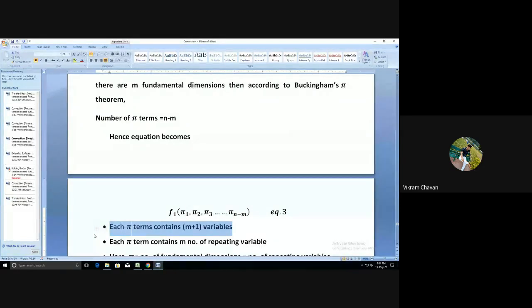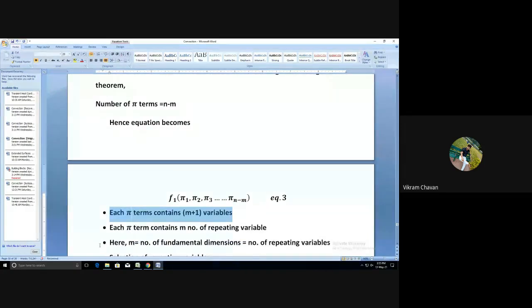यानी कि इसका मतलब क्या हो रहा है, जितने फंडामेंटल डायमेंशंस है उतने ही रिपीटिंग वेरिएबल्स, ओके, उसमें एक ऐड करके उतने नंबर ऑफ वेरिएबल्स एक पाई टर्म में रहेंगे. ओके, एक पाई टर्म में उतने वेरिएबल रहेंगे m+1, where m is the number of fundamental dimension. Now out of that m+1 variables, pi terms contain m repeating variables.